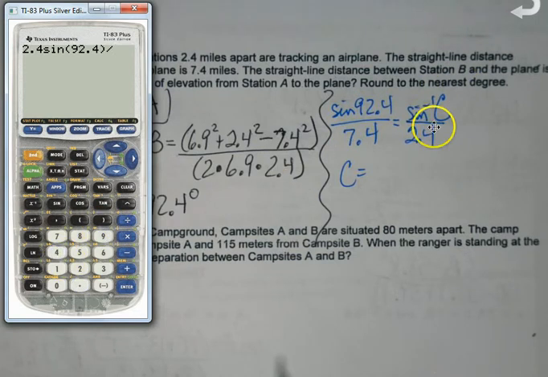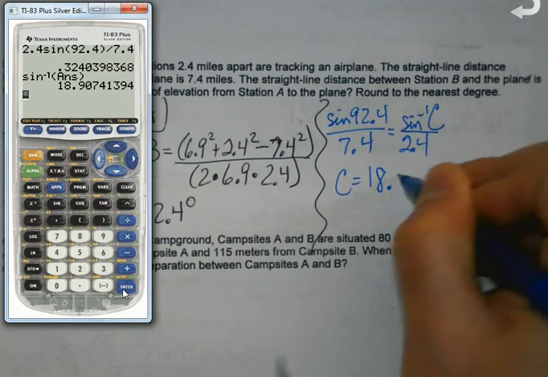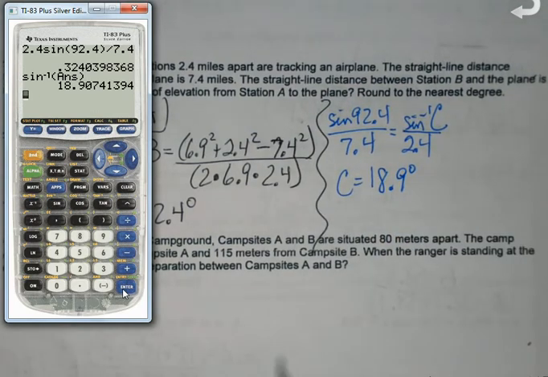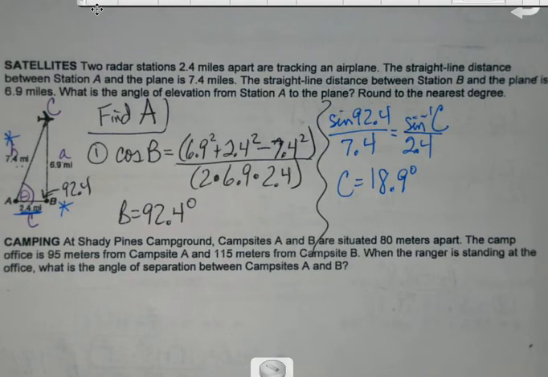And we just divide by whatever's with my sine in that diagonal. And we just do our second sine and plug the decimal in. So C is 18.9. And yes, we now have finally made it to a point that we can get the answer we've been looking for.